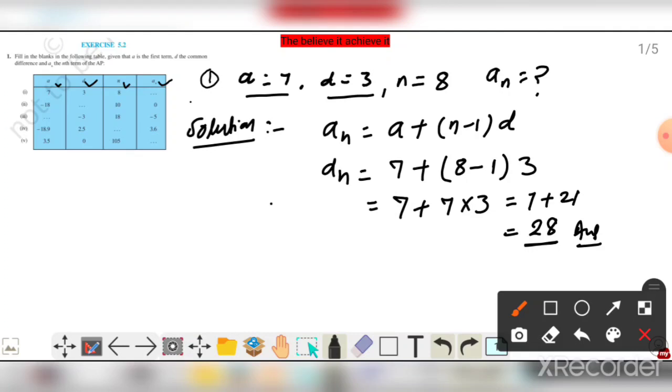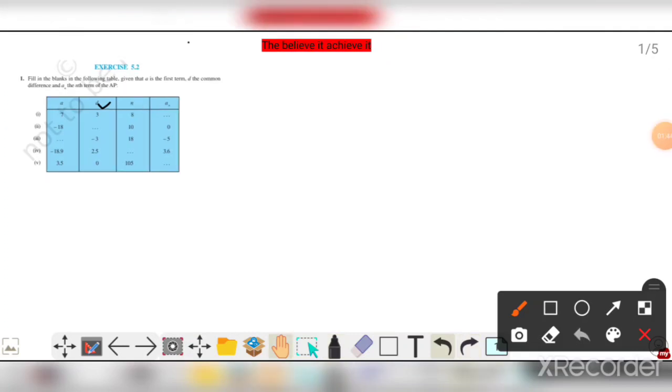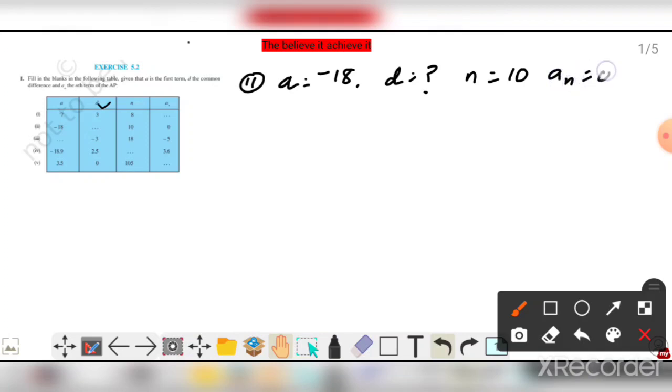We'll go through the second part. In the second part, A is equal to minus 18, and we have to find out D. n is given, n equals 10, and An is given 0. So we'll go through the formula.